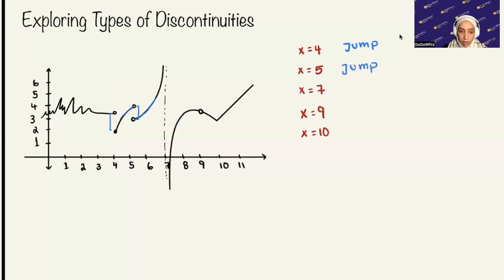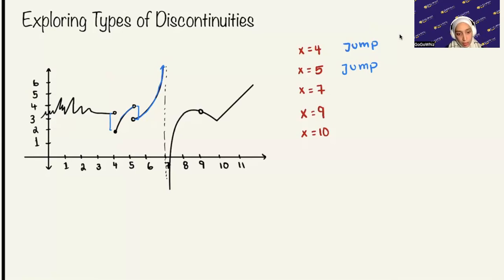Okay. Now, if I were to continue over here from 5 all the way on to 7, as I'm approaching 7, I can see that I'm approaching it going infinitely upwards. But then on the other side, I'm not just going all the way up and eventually touching 7. No, I'm never touching 7. So 7 doesn't exist, right?